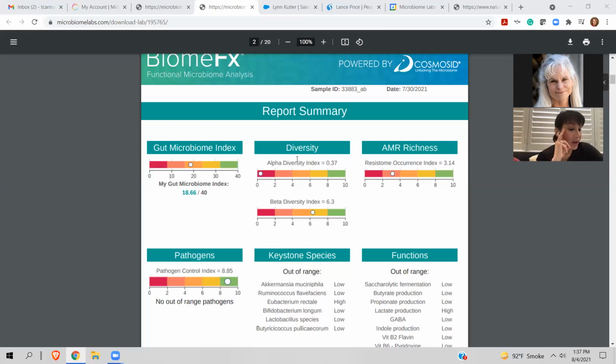The AMR is antimicrobial resilience. What you can imagine in the gut is that you've got either commensal friendly bacteria, or you have some pathogens mixed in. But overall, you have to look at it like a community. Is this community getting along, or is it fighting with itself?